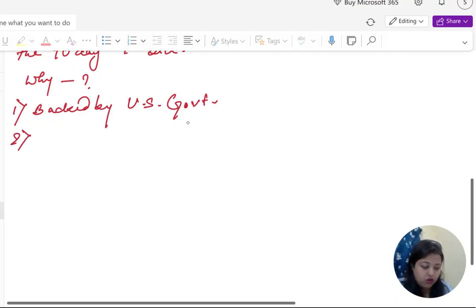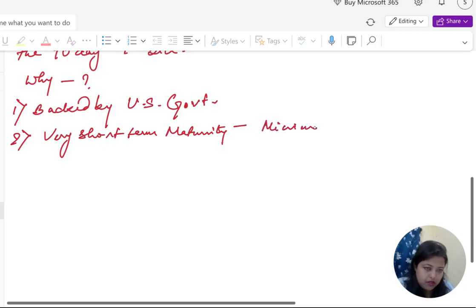Number 2, it has a very short term maturity, which means minimal interest rate risk. And number 3, it's highly liquid and actively traded.